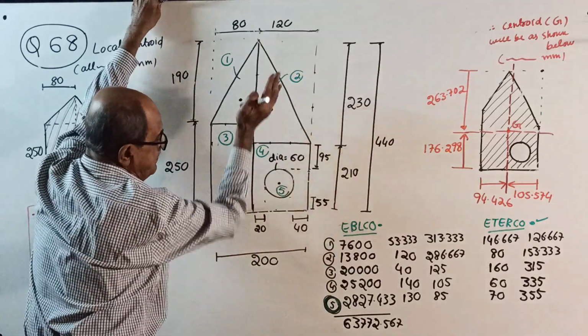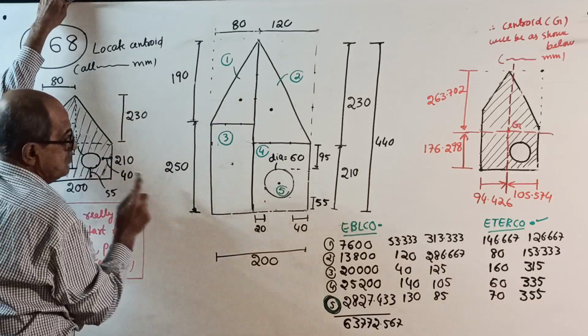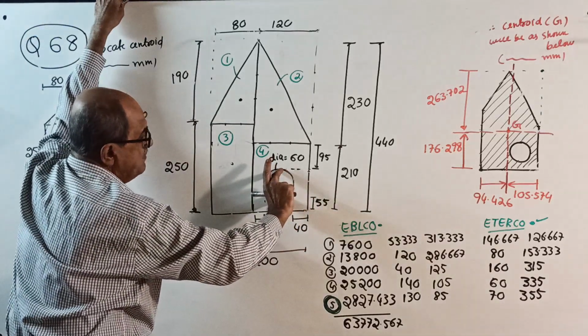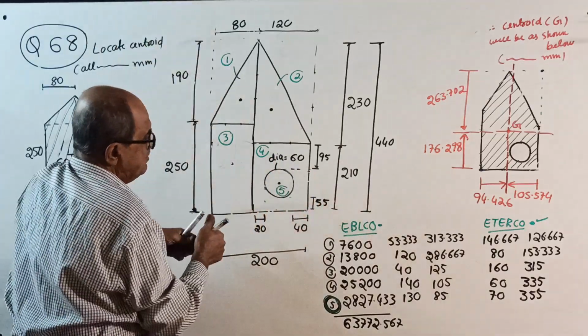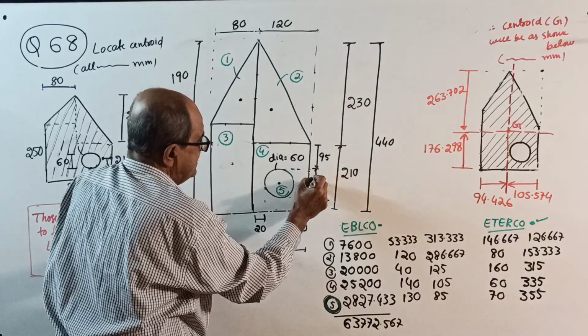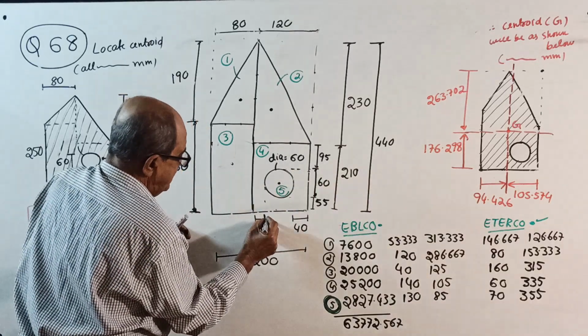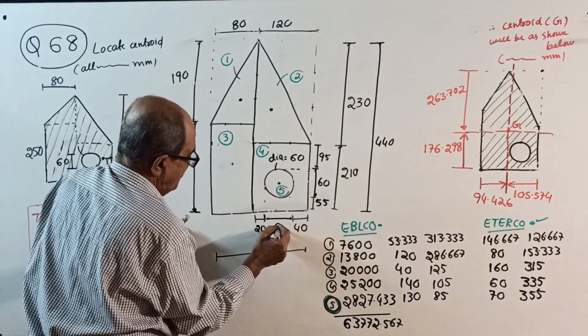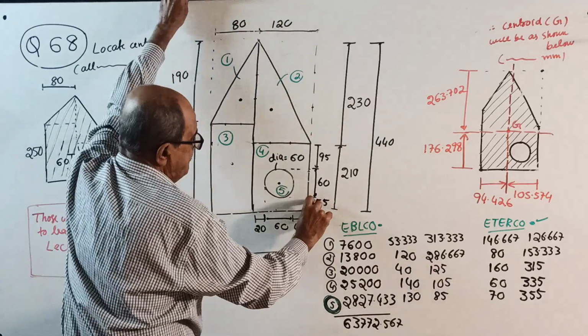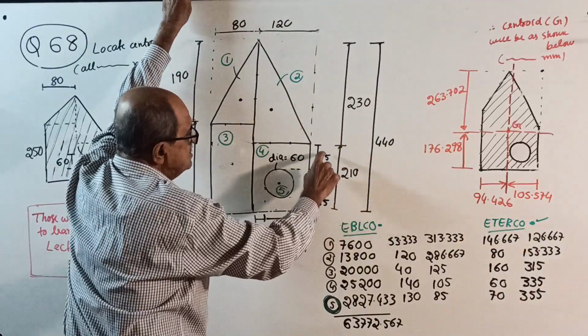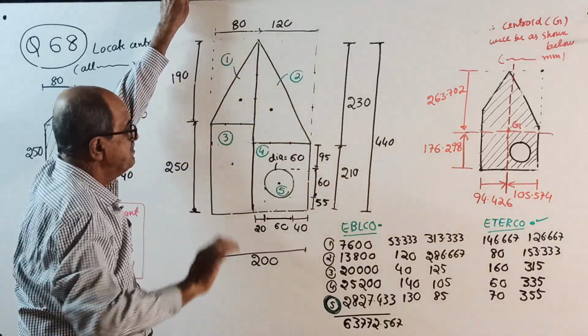Or this way: 55 is given here, and this is the 60 diameter. 55 plus 60 is 115. Total 210, so 95 is the upper side gap.